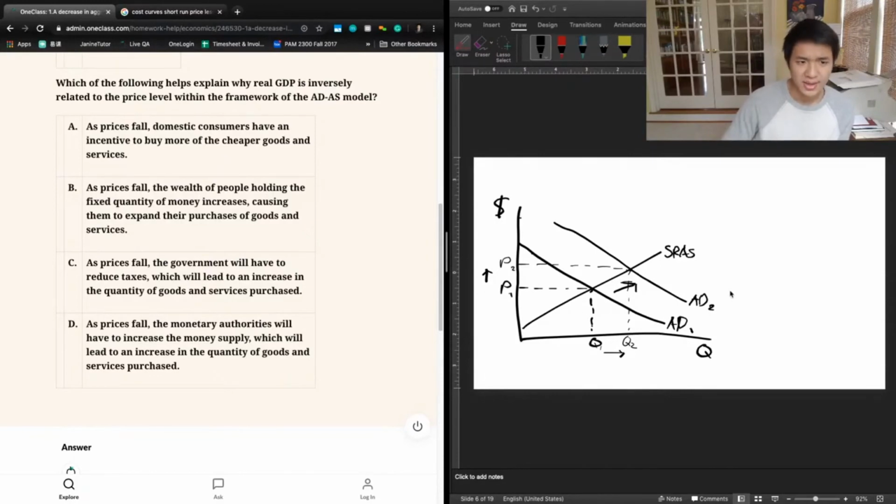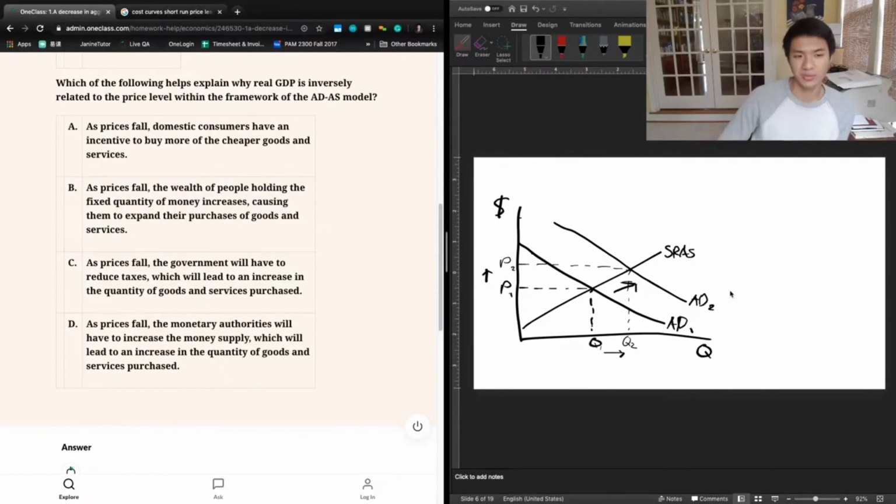The second choice says, as prices fall, the wealth of money holders, given the fixed quantity of money, increases, causing them to expand their purchases of goods and services. So this talks about an increase in purchasing power, and actually I'm inclined to overrule my previous statement that A was the best answer, because purchasing power is increasing when prices fall, and that's a reason why people expand purchases.